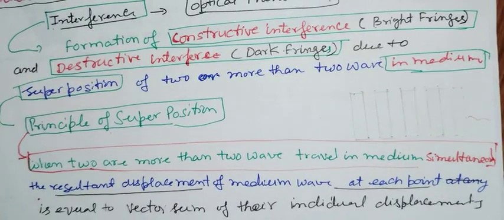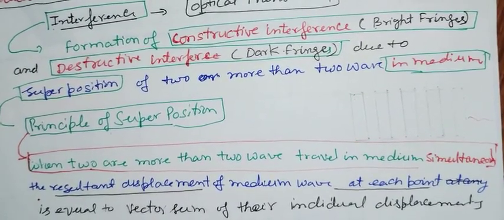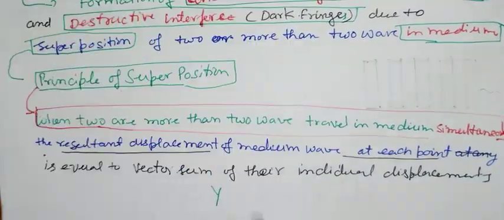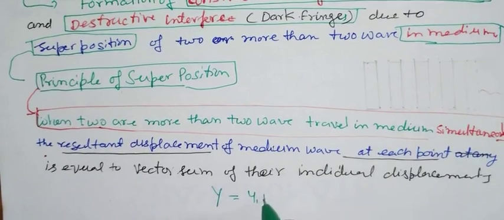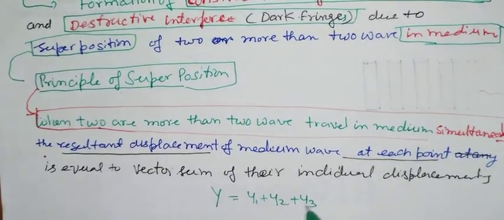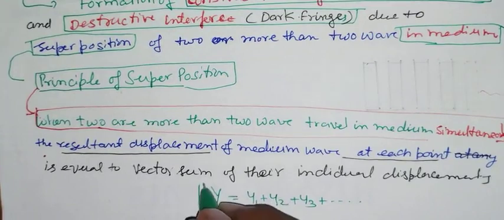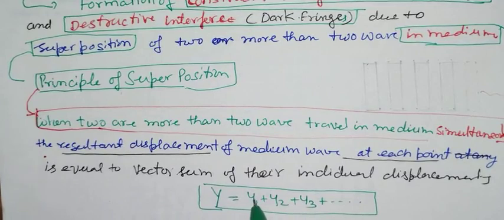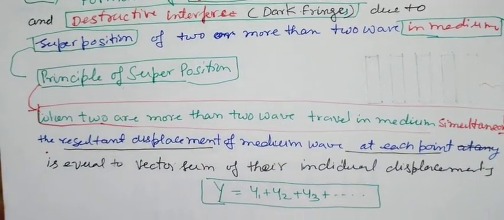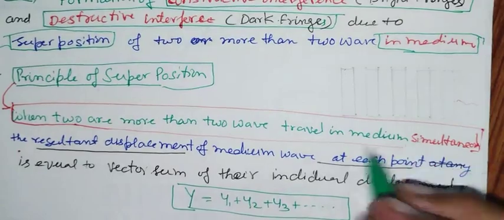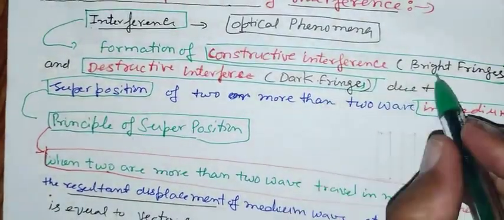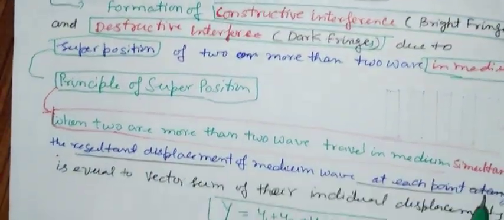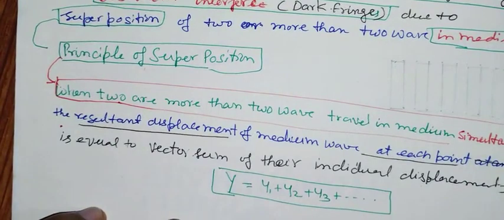Mathematically, one may write the resultant displacement y is equal to y1 plus y2 plus y3 and so on, either two or more than two. So by the principle of superposition, interference gives constructive interference and destructive interference.